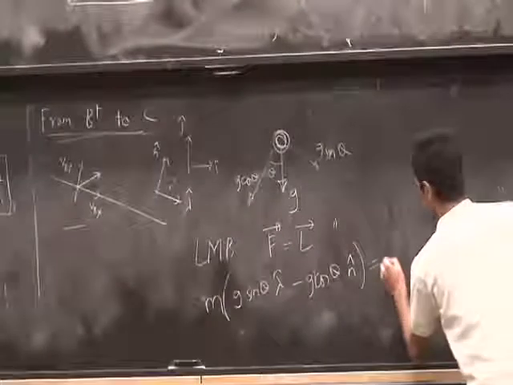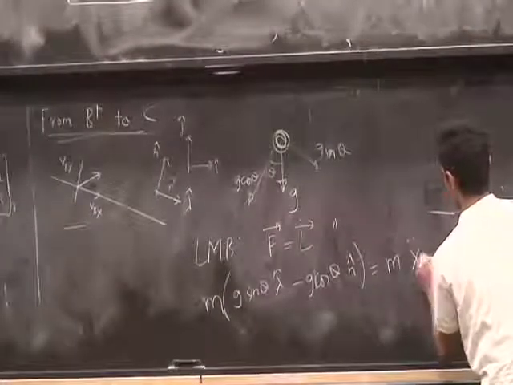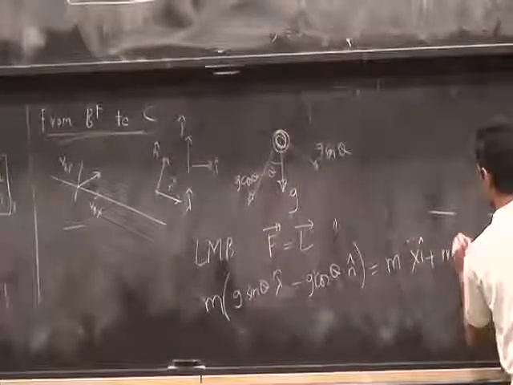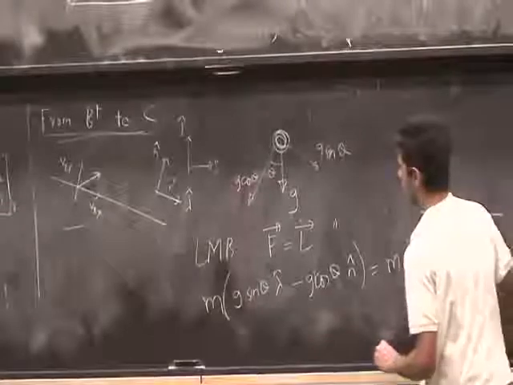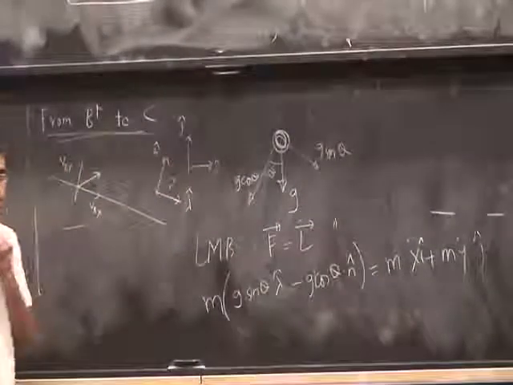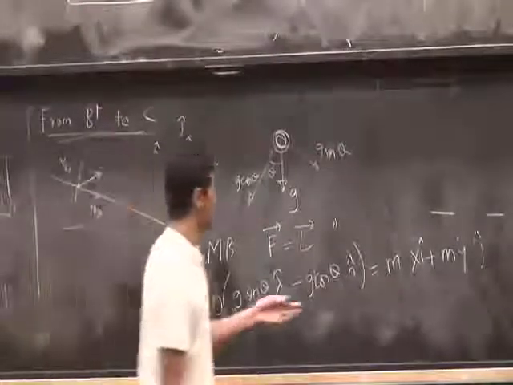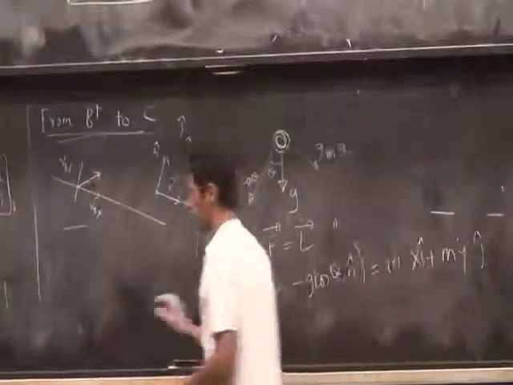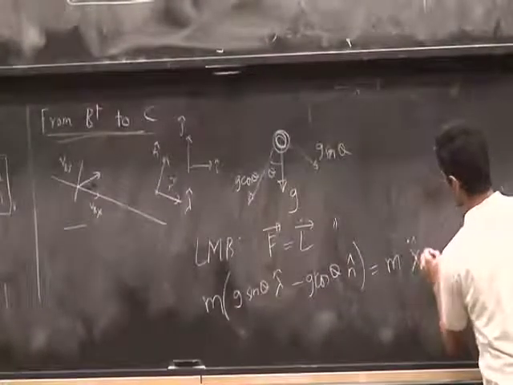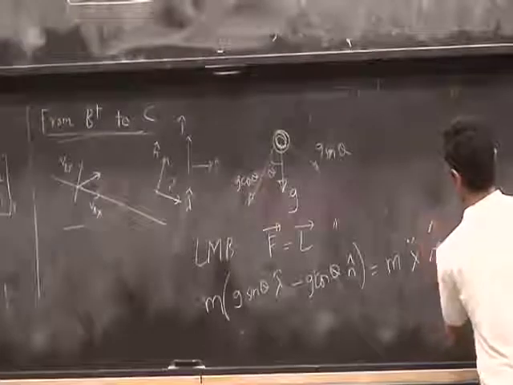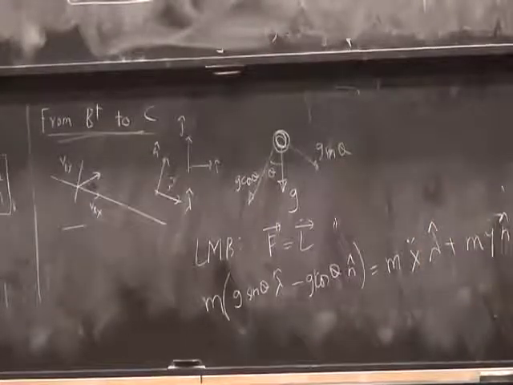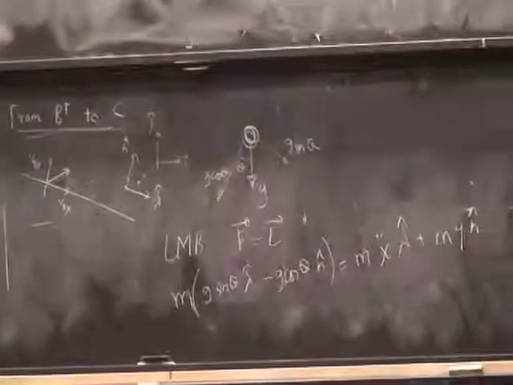That should be equal to mx double dot along lambda plus my double dot along n. So here x and y are measured in this frame and not in the ij frame.